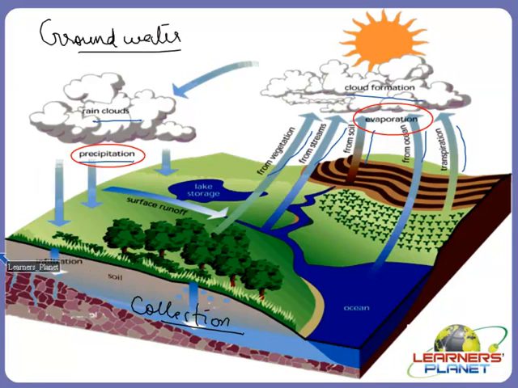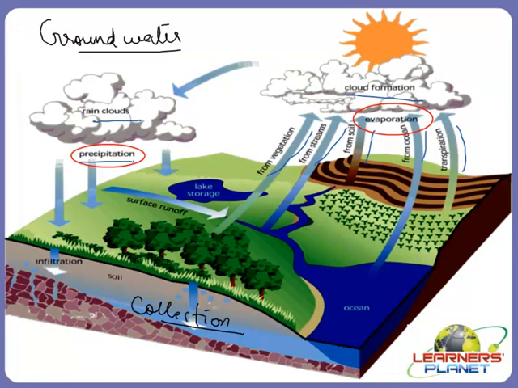So this type of water is used by plants and can also run over the earth and make its way to water sources like oceans, seas, then rivers, ponds, lakes, streams, etc. So in this way the water cycle occurs, right?